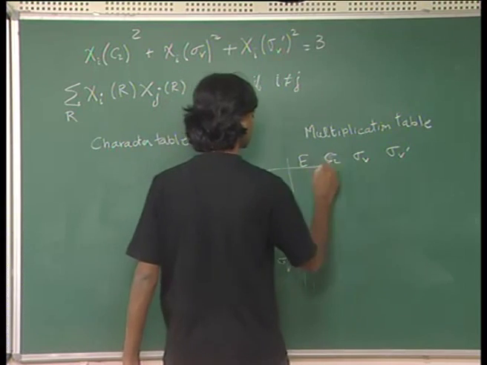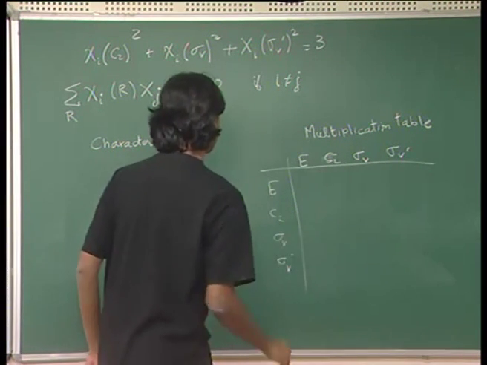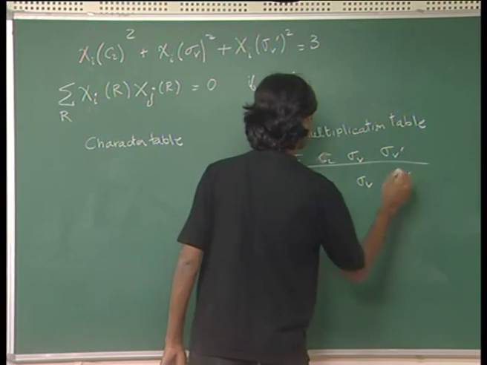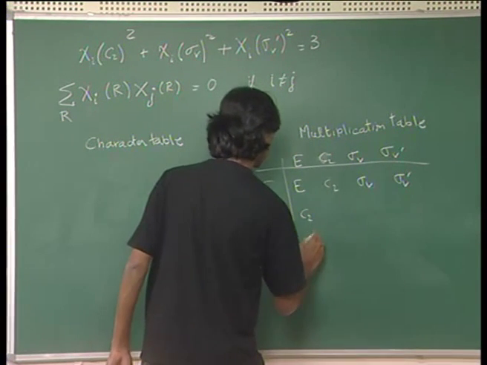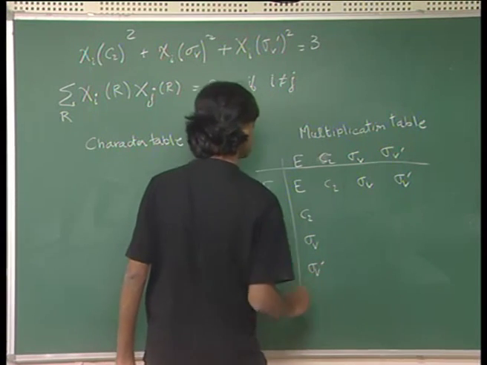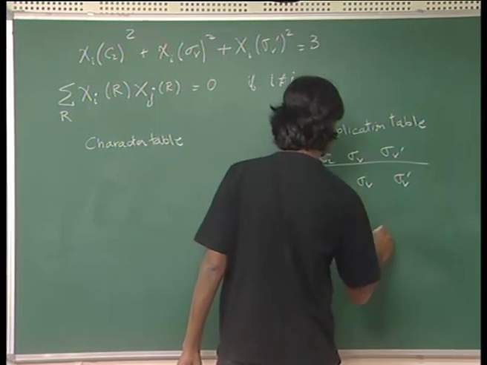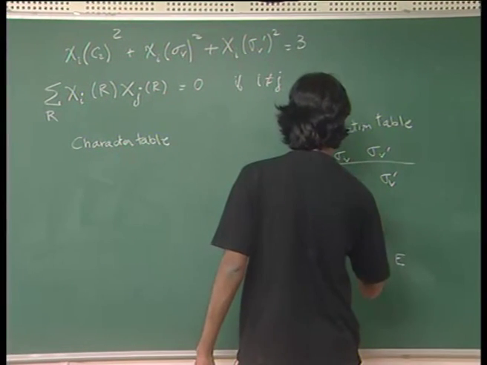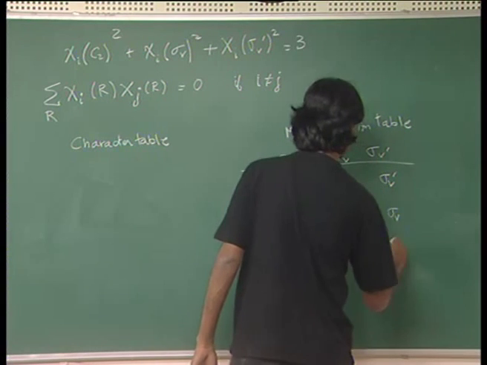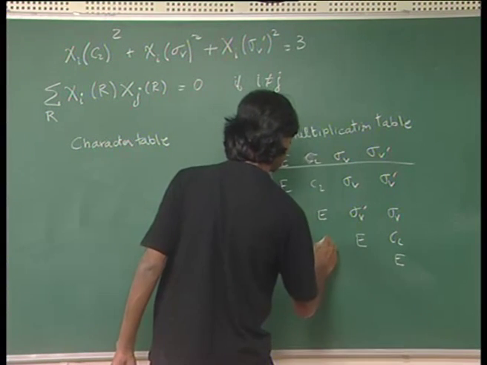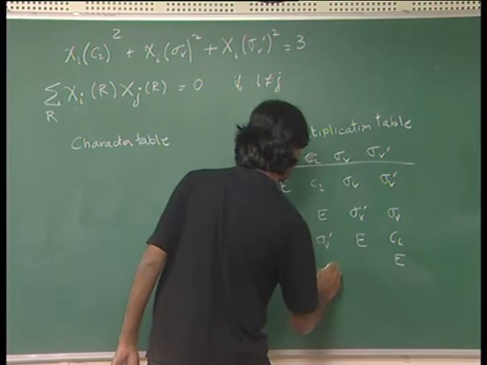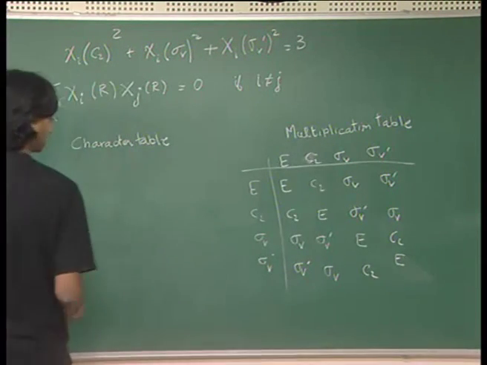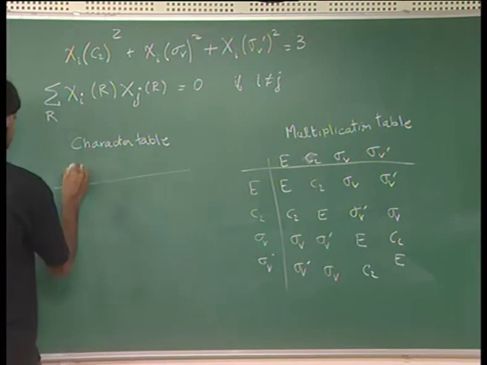So, if I take these two, E times E is E. Sigma v prime, sigma v, C2. Okay, so this is the multiplication table, and now let's look at the character table.